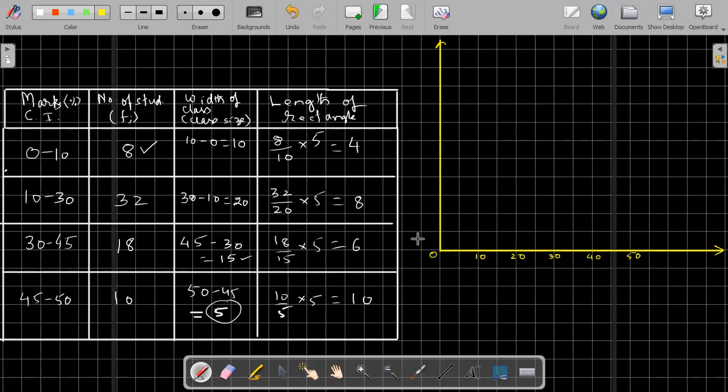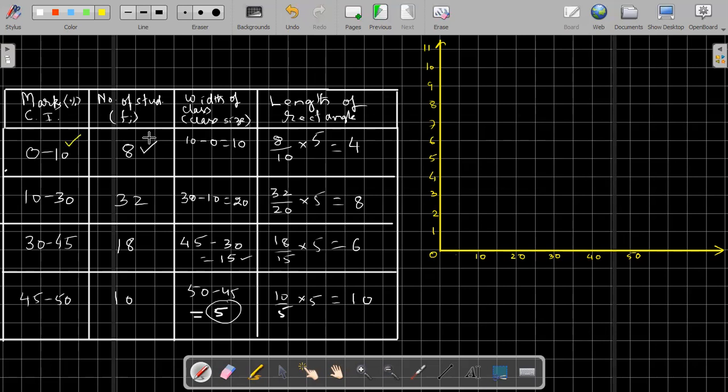Here, on the y-axis, the highest height is 10, so we can take 1, 2, 3, 4, 5, 6, 7, 8, 9, and 10. Up to 10 we need, but if it is more, no problem.